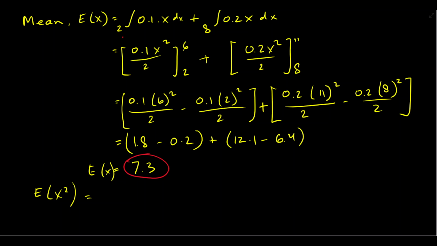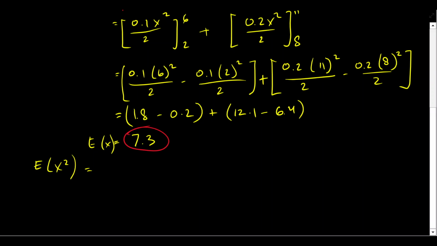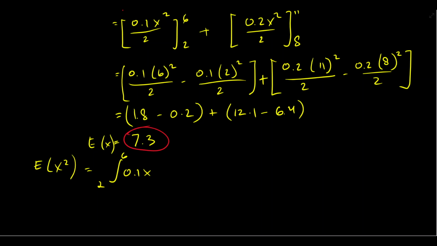So in this case, the integral itself, the integral of that function times x. Before, between 2 and 6, we have 0.1x, and then in this case it's x square, so 0.1 times x square dx, plus the next one between 8 and 11.